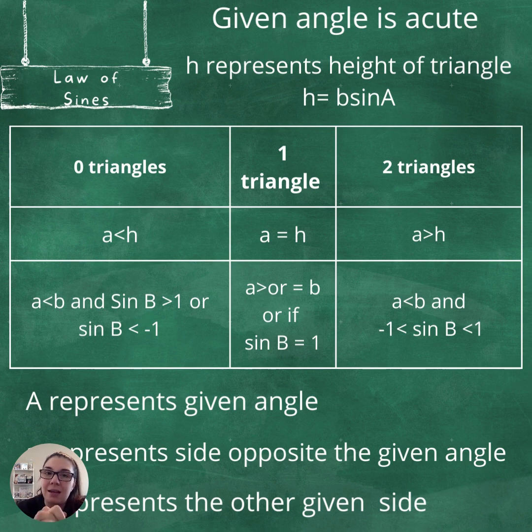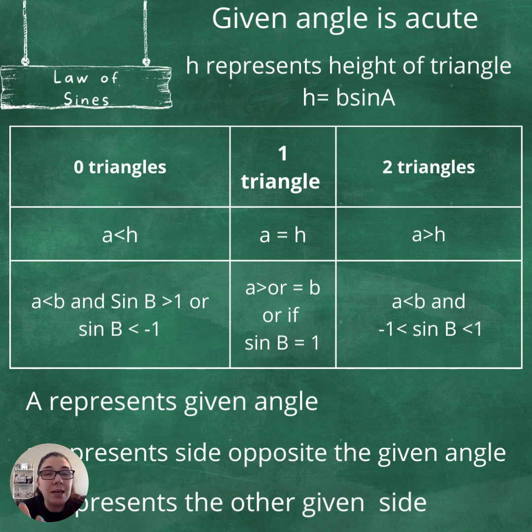Again, a is the side opposite of the given angle. If a's value is less than h's value, then no triangles are formed. If a's value is equal to h's value, then 1 triangle is formed. And if a is greater than h, then 2 triangles are formed.